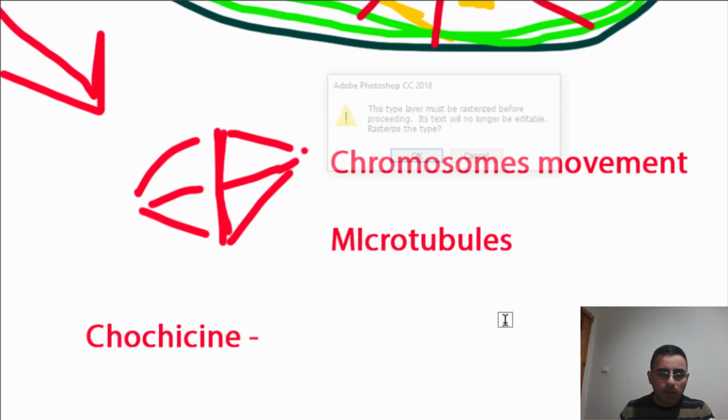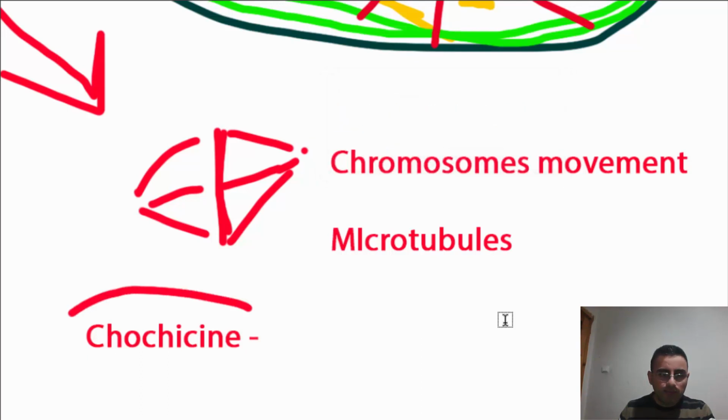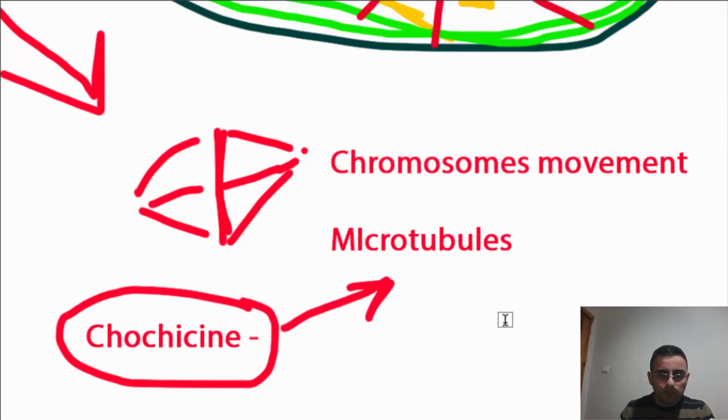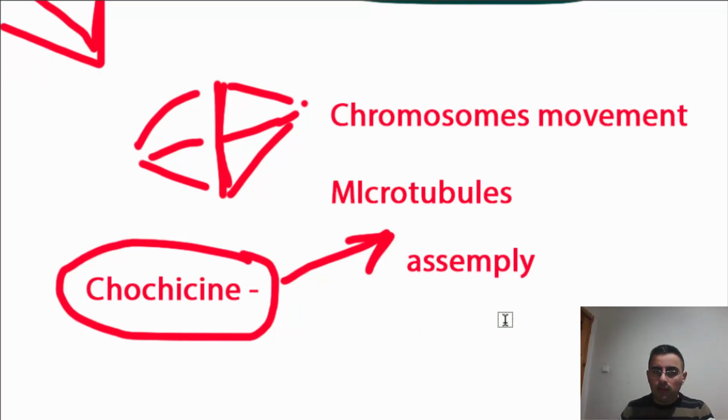When microtubule assembly is inhibited, it causes chromosomal movement inhibition. So mitosis is stopped. So it is useful for chemotherapy because of it.